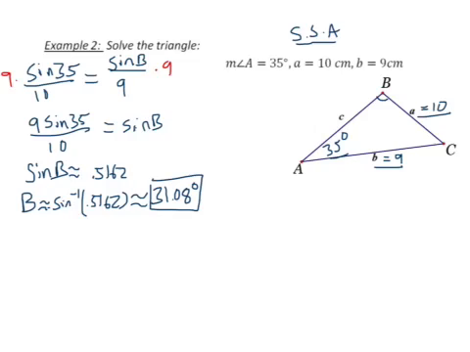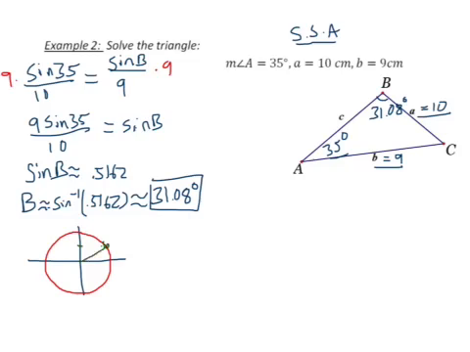So if the sine is 0.5162, that's the y value, about 0.5162, somewhere right about here. And that's going to be this angle right here, which is about 31.08 degrees.